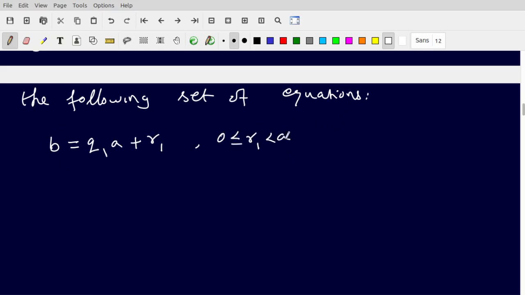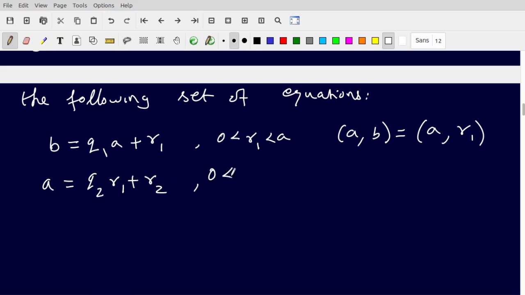Then use the previous result and we replace B by R1. If R1 is 0, then (A, 0) is A, that's the final answer. If R1 is not 0, it is bigger than 0 and less than A, once again apply the division algorithm on A and R1, and find the quotient Q2 and the remainder R2 such that 0 less than R2 less than R1.